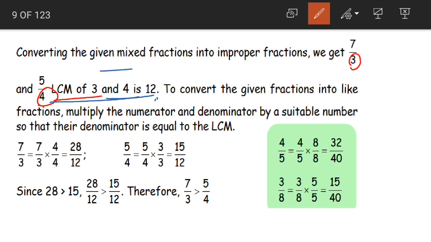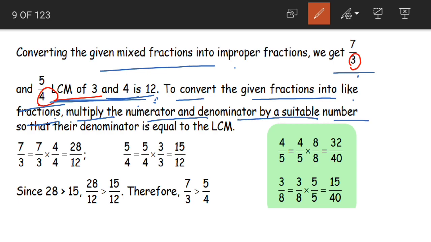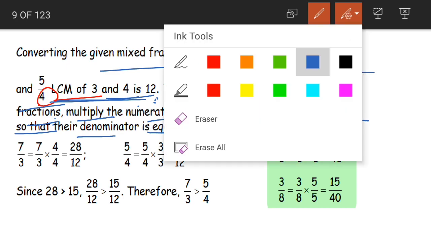Understood? Till now, first we converted the mixed fractions into improper fractions, and as they are unlike fractions, we took out the LCM of the denominators. Now we will convert the given fractions into like fractions. So first we need to multiply the numerator and denominator by a suitable number so that the denominator is equal to the LCM. 7 by 3, 5 by 4, LCM is 12.